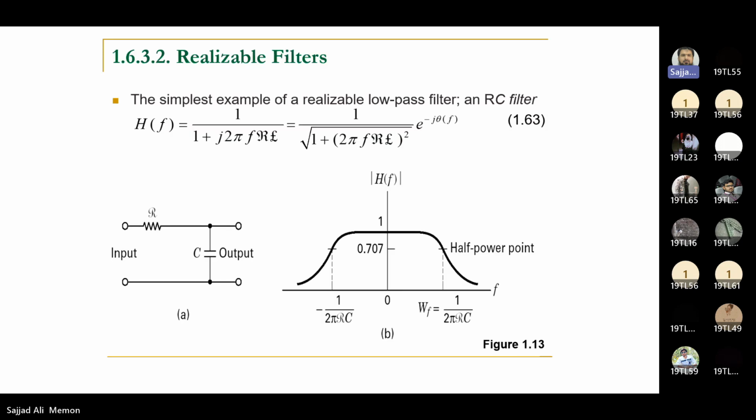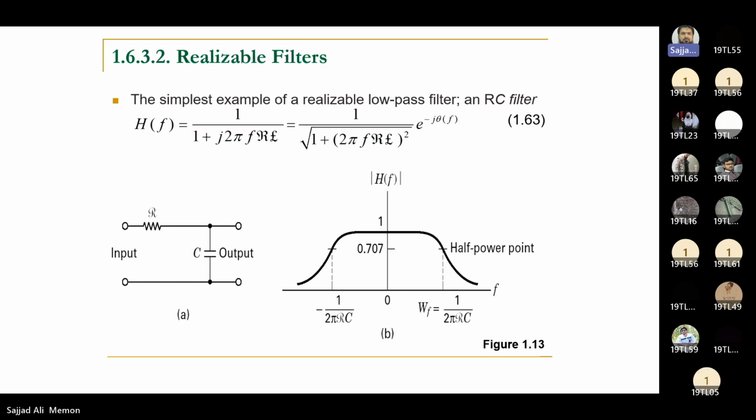Then we have some realizable filters that you might have learned in the signals and systems and DSP subjects. The simplest example of a realizable low pass filter is an RC filter, whose transfer function is given in equation 1.63, and it can be formed with a resistor and capacitor. That's why it's called an RC filter. As you can see, the drop to the frequency of interest is not that sharp.